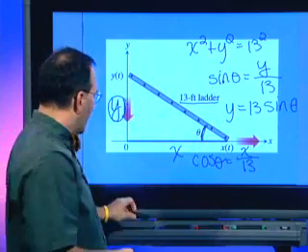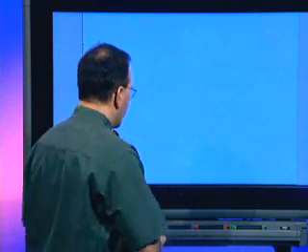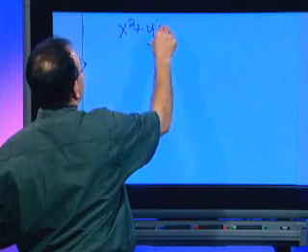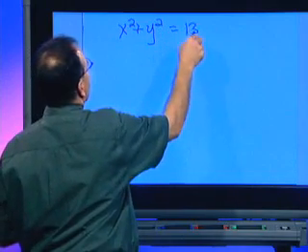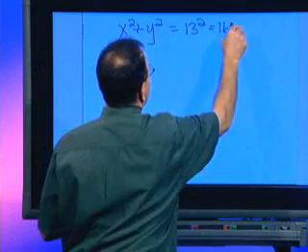So all of those pieces are going to be used at some point in the solving of those three parts. Let's start, though, with part A. In part A, what I'm going to use is the equation x squared plus y squared is equal to 13 squared, which of course is 169.